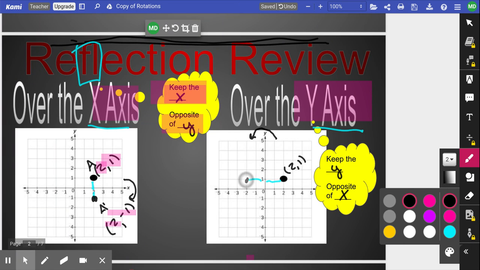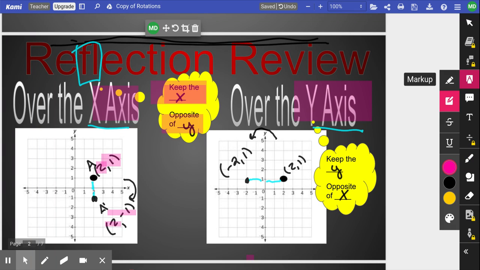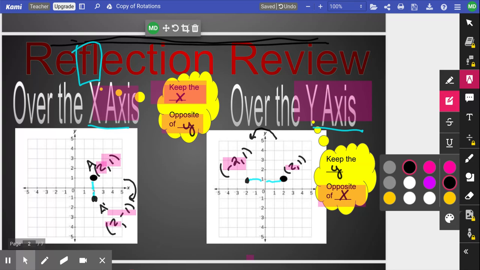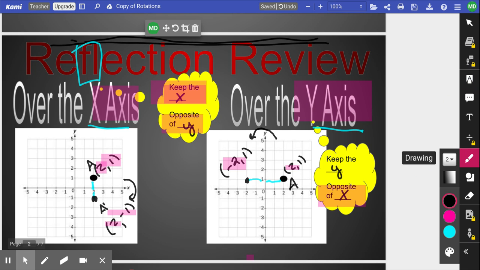There it is. That new ordered pair is negative 2, 1. And notice what changed. If I'm going over the y-axis, I'm going to do the opposite of x, and that is exactly what happened. My x value changed. The original was 2, 1, and my new image is negative 2, 1.